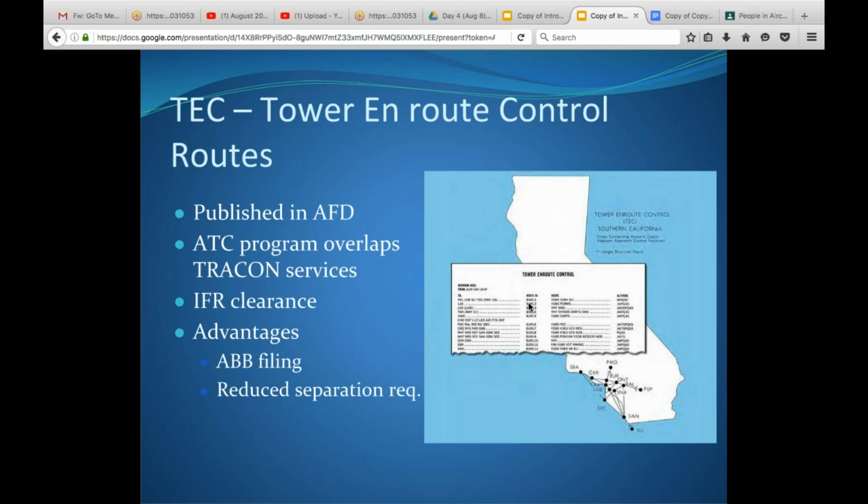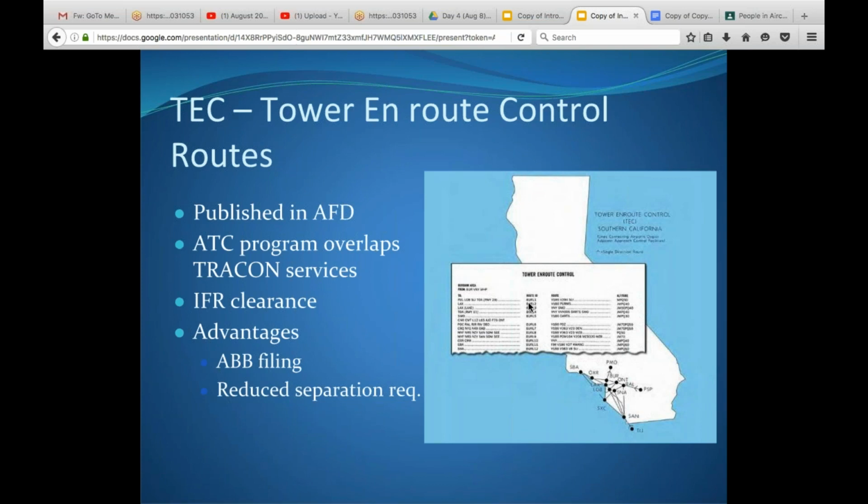But indicated is indicated, period. Whatever their indicated is, that's what air traffic control wants them to fly. Because one guy's ground speed may be quicker than the other guy's ground speed, but it's really hard to explain.